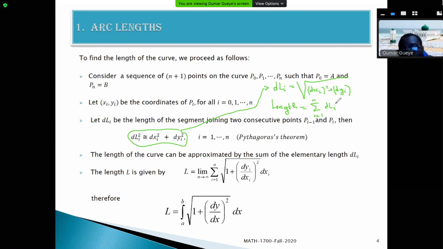If you take dL1, it's going to be for the portion of the curve joining P0 and P1. dL2 is going to be the portion of the curve joining the points P1 and P2, and so on. We repeat for all of that. That's why we have to add all these elementary lengths.